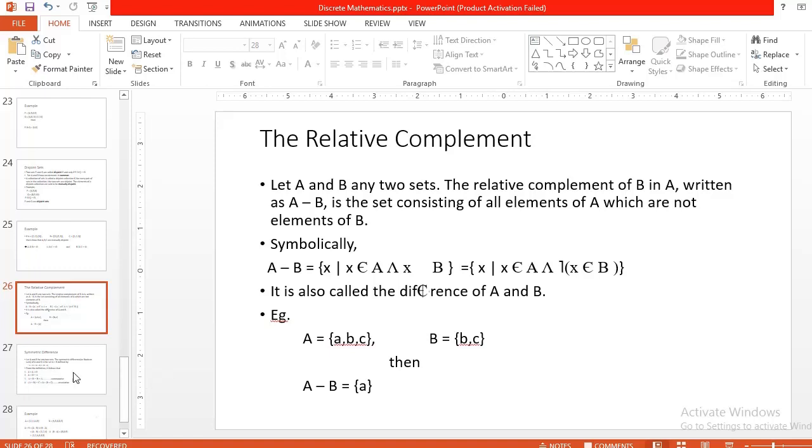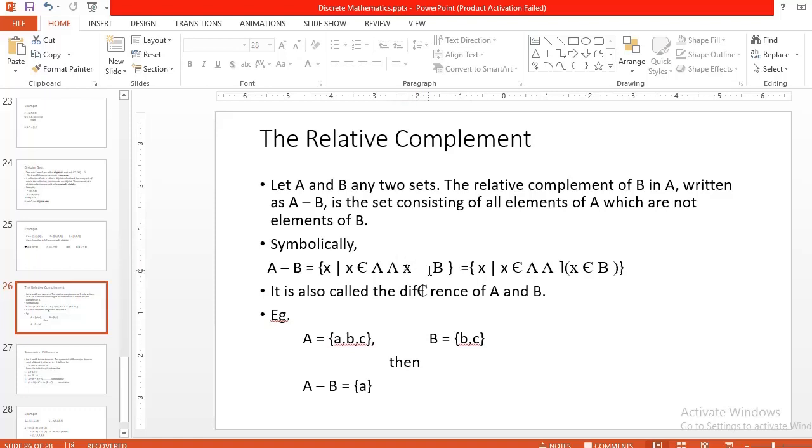So, understood, what is the relative complement of B in A? It is written as A minus B and defined as all the elements of A which are not elements of B. Symbolically, A minus B is equal to the set of X such that X belongs to A and X does not belong to B. The negation symbol was by mistake not written here.